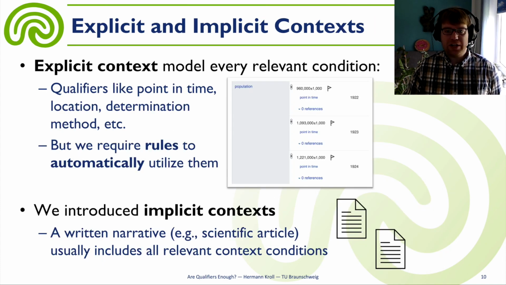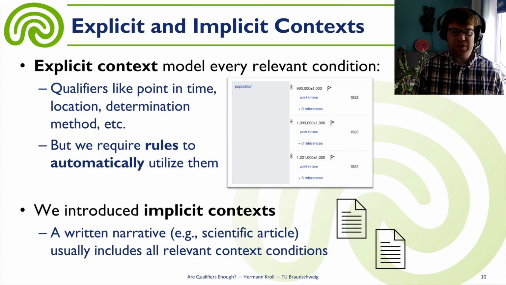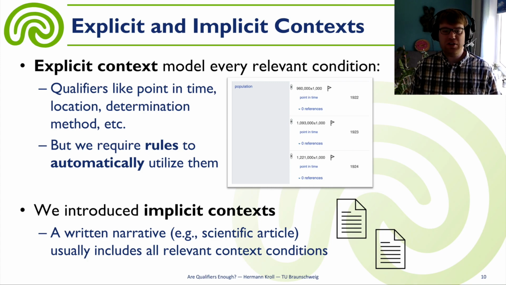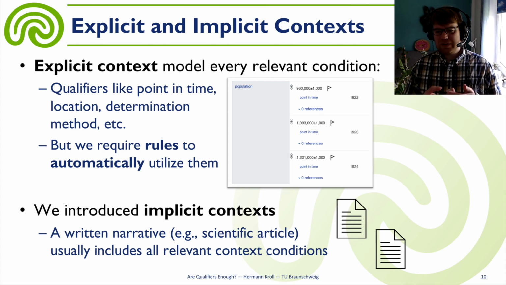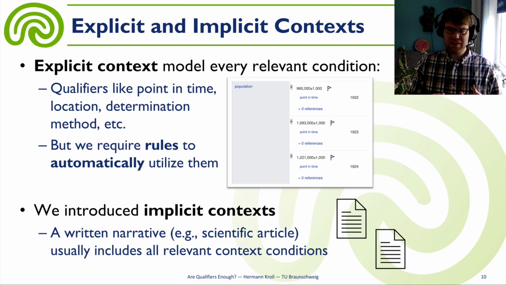So how can you do it? On the one hand, there are explicit context models. Then you need to model every relevant condition, like qualifiers do, for example, right? We model the point in time, we model the location, the determination method, for example. But then, on the one hand, we must know every condition, and this can be exhausting.